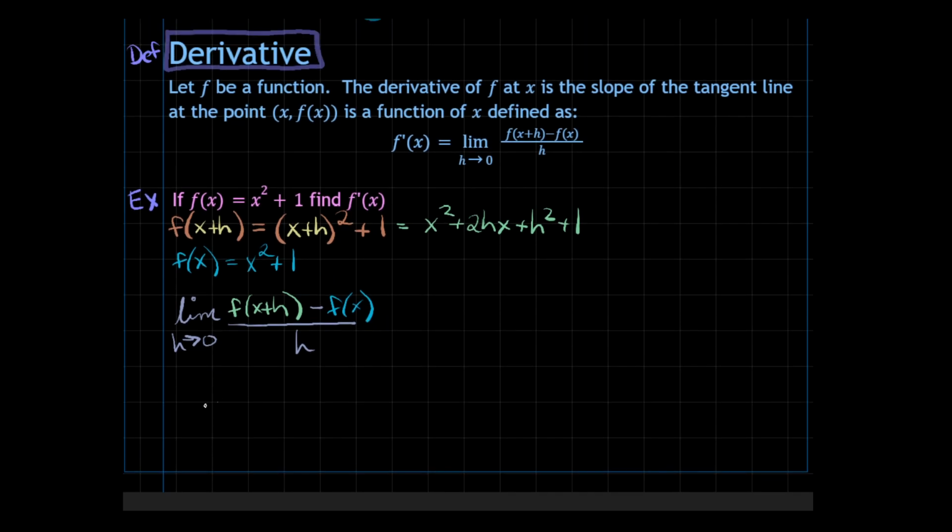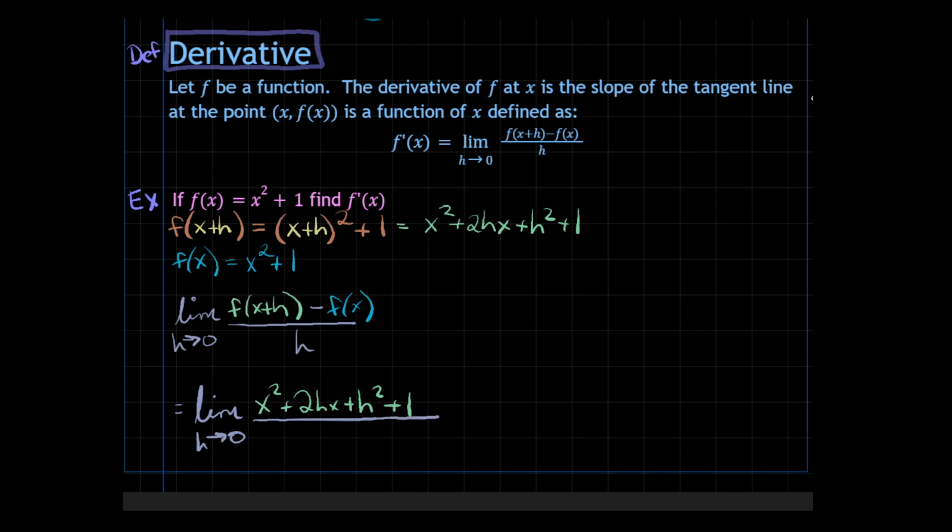So let's substitute. F of x plus h is going to be all this nonsense, x squared plus 2hx plus h squared plus 1.